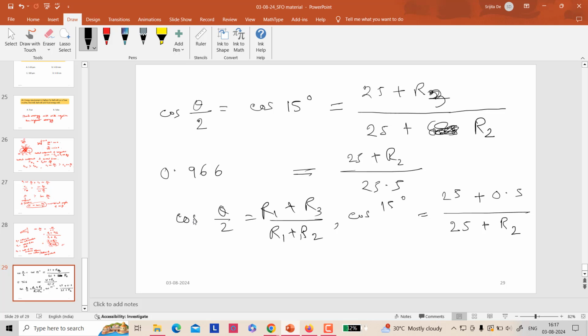So now calculate it. We can find 26.5 by 25 equals 50. It is 2.79.